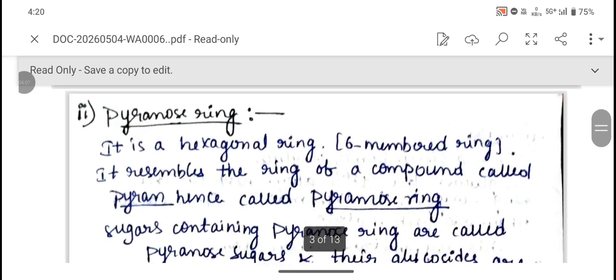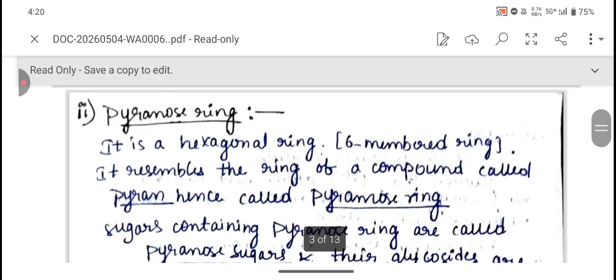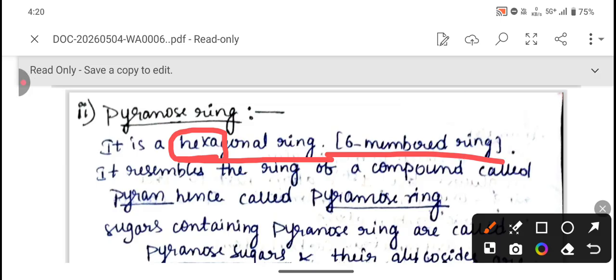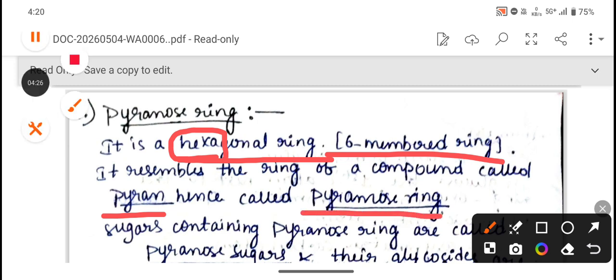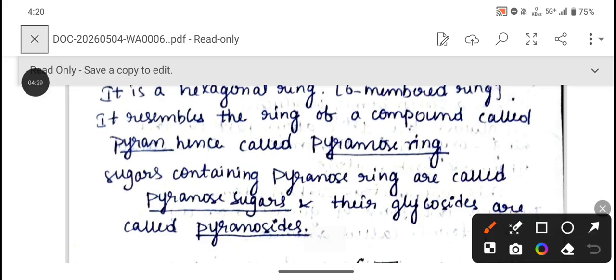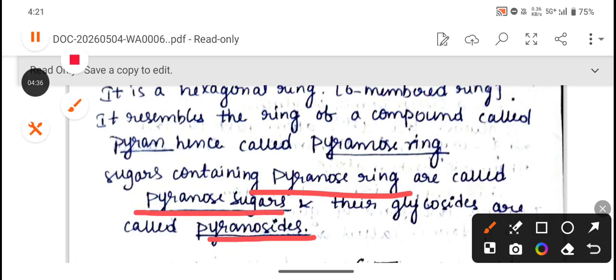The second form of structure in monosaccharides is the pyranose ring. The pyranose ring is a hexagonal ring, where hexa stands for 6, so it is a 6-membered ring. It resembles the ring of a compound called pyran, hence it is called a pyranose ring. Sugars containing a pyranose ring are called pyranose sugars, and their glycosides are called pyranosides.